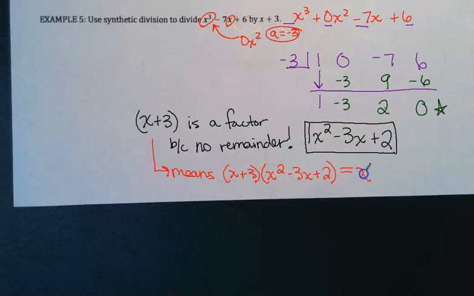So it's going to equal that x cubed minus 7x plus 6. Okay, because we just found a factor. We divided a polynomial by a binomial to get the answer, another polynomial. So a binomial times a polynomial equals a polynomial.